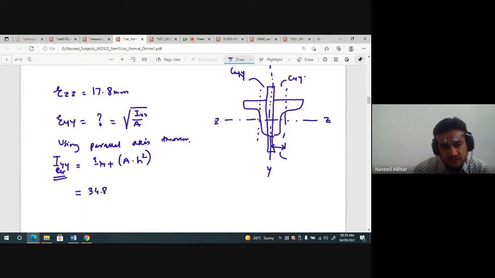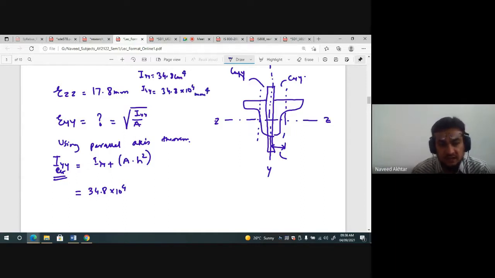This is in centimeter. In mm it will be 10 raised to 4. We will convert centimeter into mm, so it will be converted into mm raised to 4. Okay. Because in the steel table I is given as 34.8 centimeter raised to 4. When we convert it into mm, it is 34.8 into 10 raised to 4 mm raised to 4.